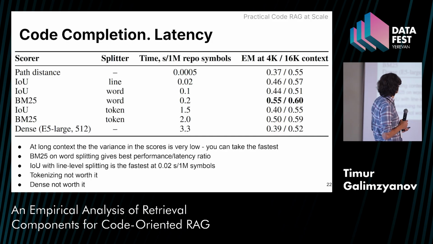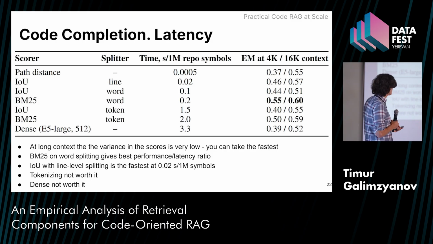The lowest score is 0.51, the highest 0.60. If you are using long context, you would probably look more into the latency, not into the scores. And in this case, even path distance worked pretty fine.